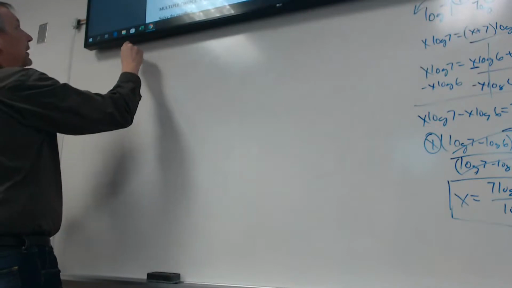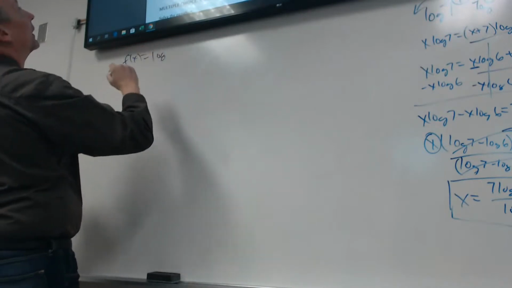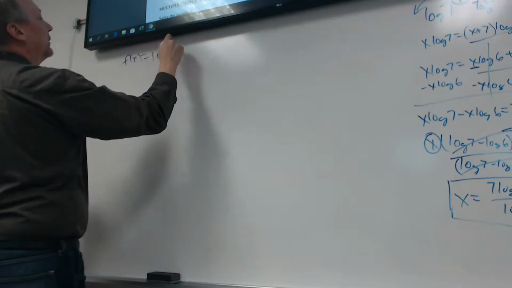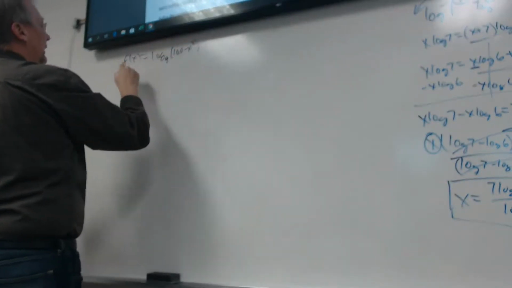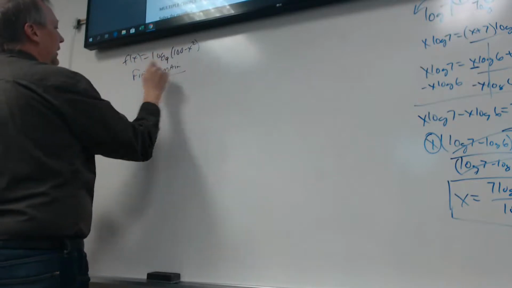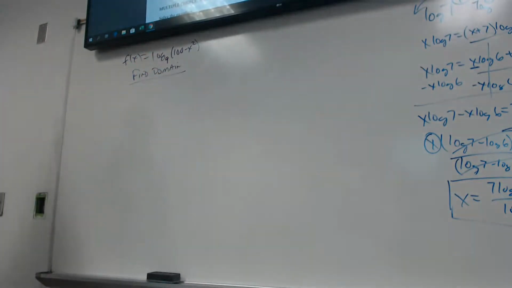F of x equals the log base 9 of 100 minus x squared. Find the domain. Okay? This is a really good example of a final exam problem, so you really need to know this one.